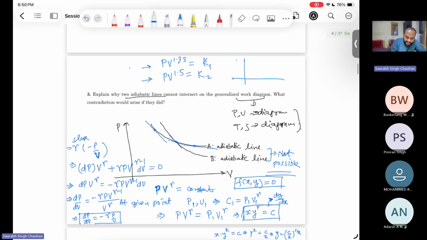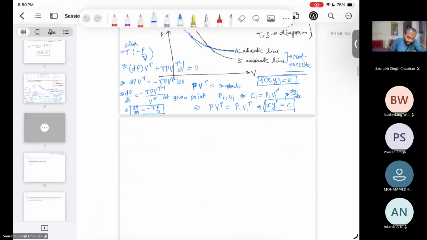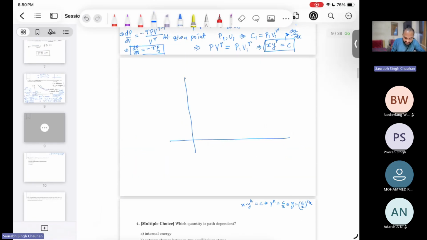For example, at a given point in the PV diagram, so this is P V and this is a point A, and if this is an adiabatic curve, then you can have an isothermal curve. So adiabatic and isothermal, they can intersect. Yes, right, sir.